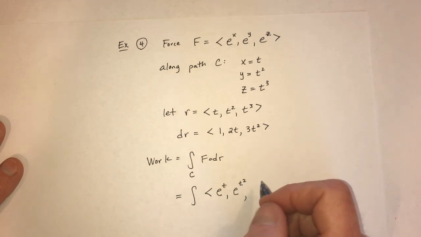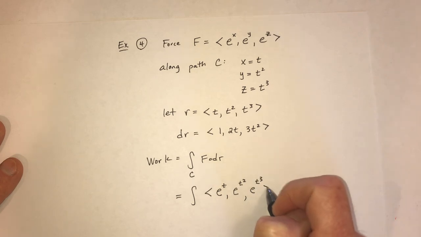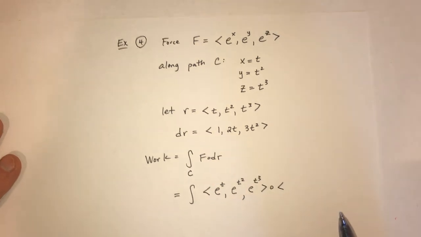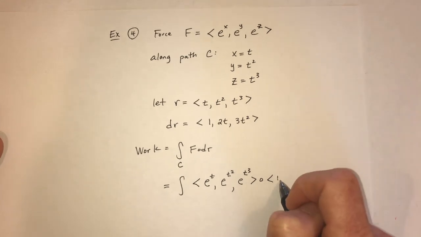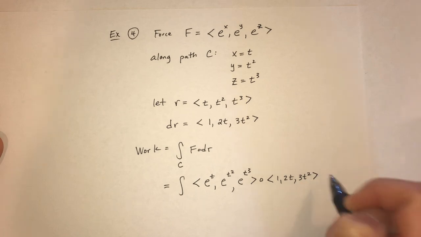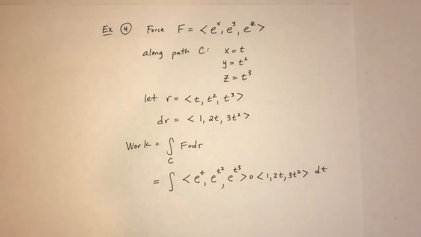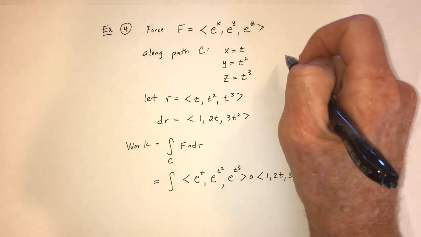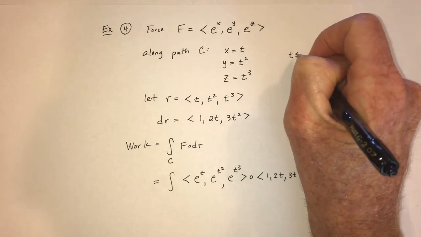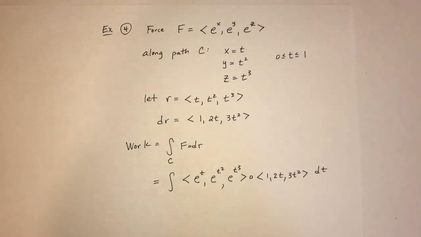And then the last one is e to the z, so that's e to the t cubed. And then dot product that with the dr. 1, 2t, 3t squared. And now it's going to be with t. And you know what? I think I forgot to write down over here that it's given that t goes from 0 to 1. So this should go 0 to 1.